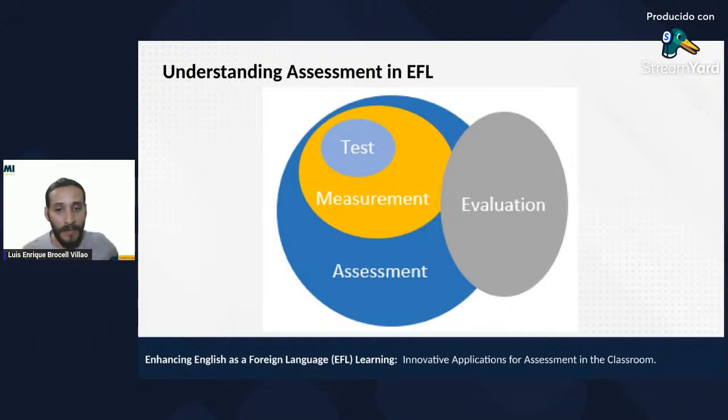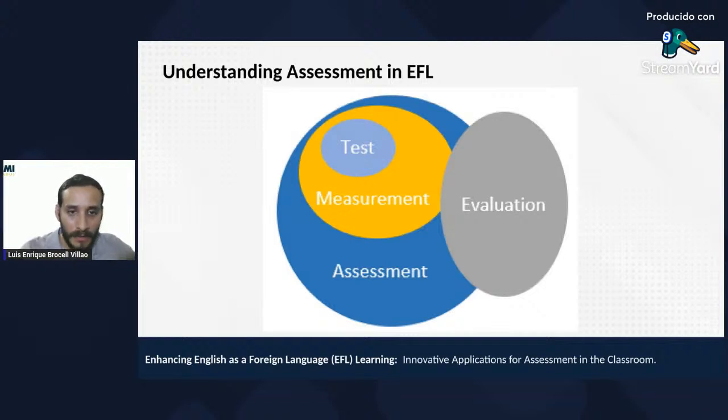But in measurement, we have surveys, we have observation, we have tests included. The students are free to give their answers. They don't have pressure about what they are answering. Maybe they have a little bit of pressure in their performance, but it's not graded.